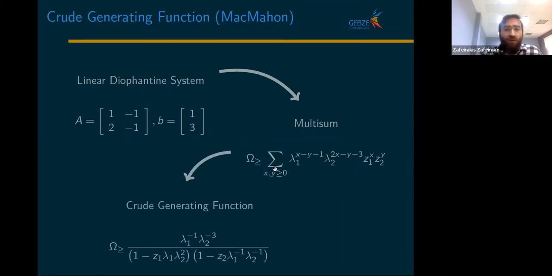Now we can take this multisum expression and write it as a rational function. It's actually, again, just using the geometric series expansion formula, right? From there, we can just move from here there. And partition analysis was dealing with how we apply this operator on such a crude generating function.